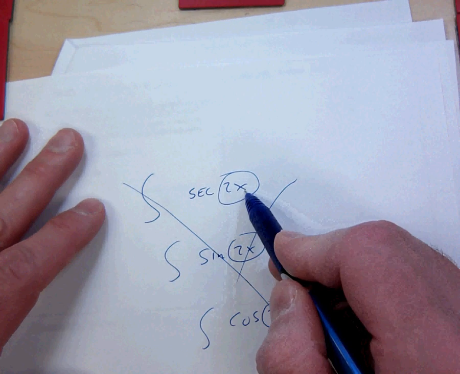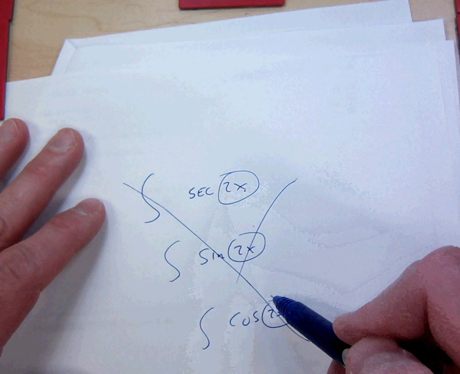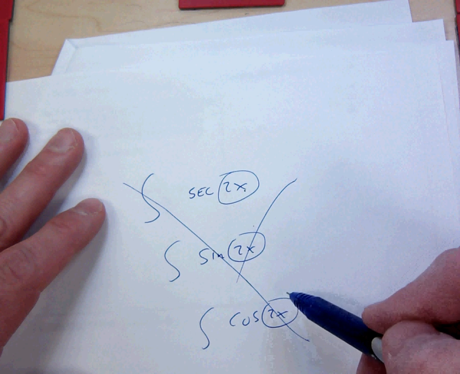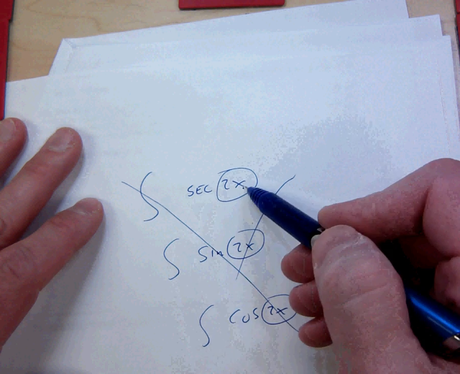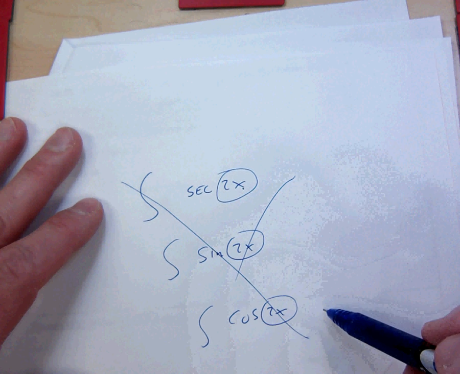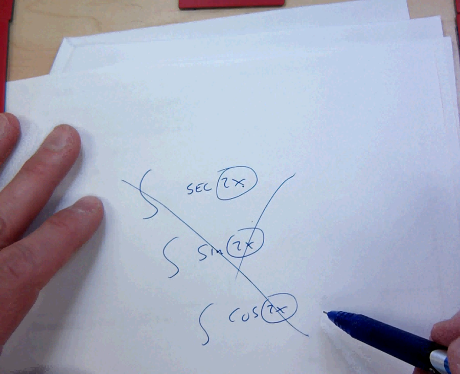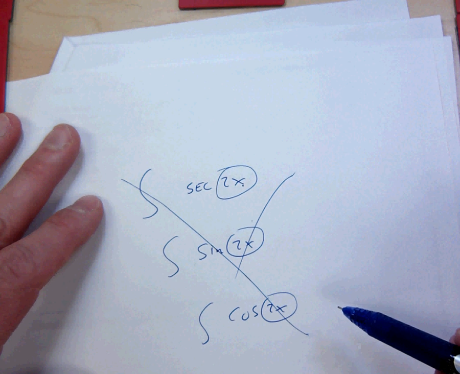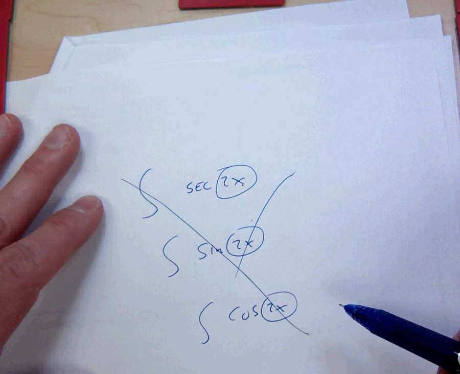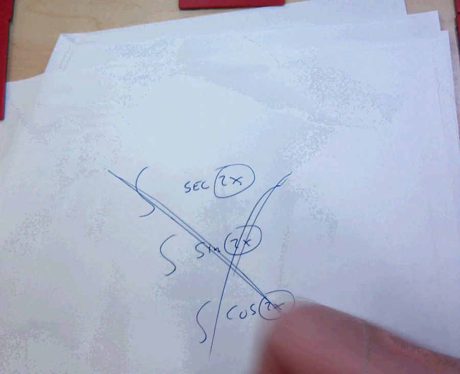You couldn't integrate it with that 2 there. Are you following me? So doesn't that kind of leave you with no choice but to let u be the 2x? So you can end up with something like secant of u or sine of u or cosine of u, which is something you can integrate maybe. Do you understand why in this problem you're kind of forced to let u be the 2x? Yes? Because you can't integrate any of these.